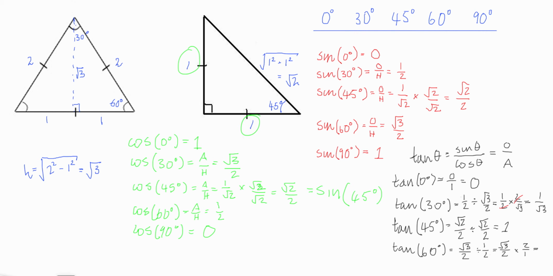Again, the 2's cancel, and we are left with just square root 3, because it's square root 3 over 1.